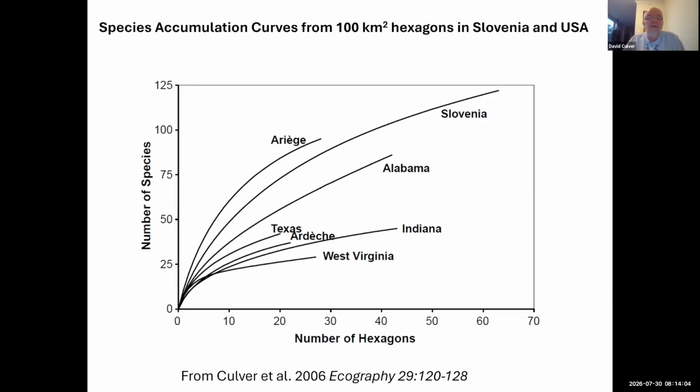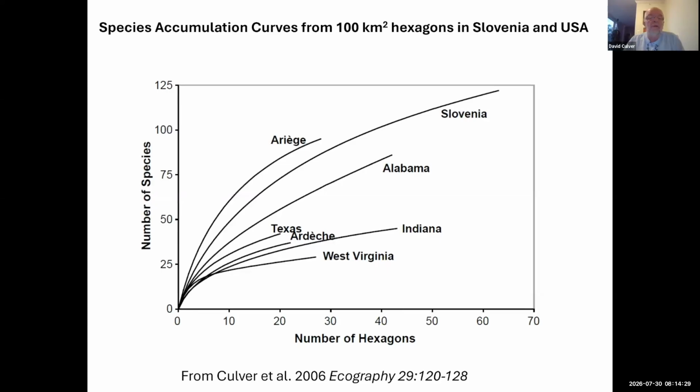And this is for areas that have more than 150 caves that have good data. It includes sites, obviously, in the US, as well as two French sites, Ariège and Ardèche, and Slovenia. The thing to notice, if you ignore West Virginia for the moment, is that these curves don't intersect.